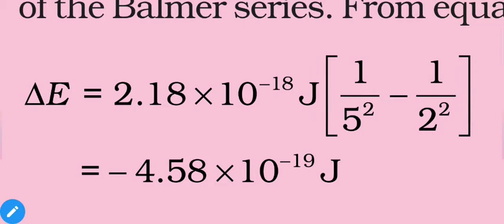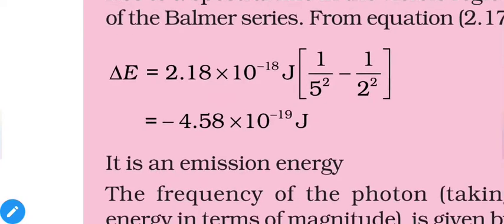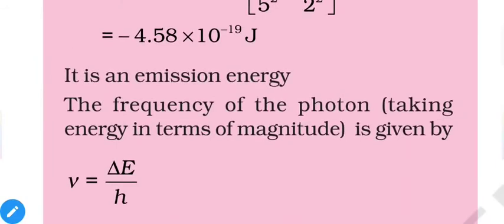From the calculation of this equation you will get energy equal to minus 4.58 times 10 raised to minus 19. So it is emitting energy. Now for the frequency, as we already derived, E equals nu times h, so nu equals E upon h.